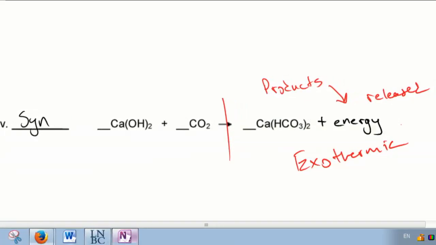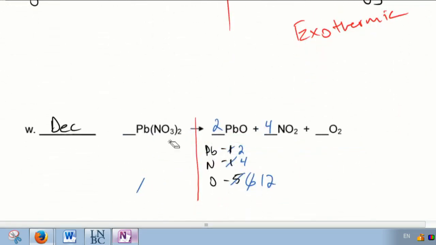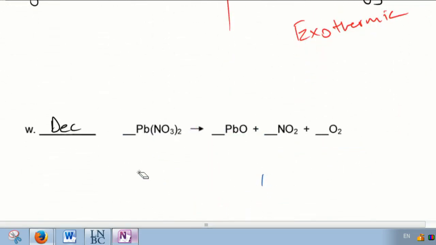If I had an equation where I had energy on the reactant side, well, that means it takes a bunch of energy to make this reaction proceed. So if you see energy plus, that means it takes a bunch of energy to make the reaction happen. So this would be an endothermic reaction.